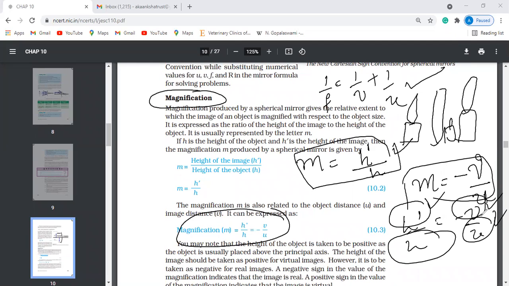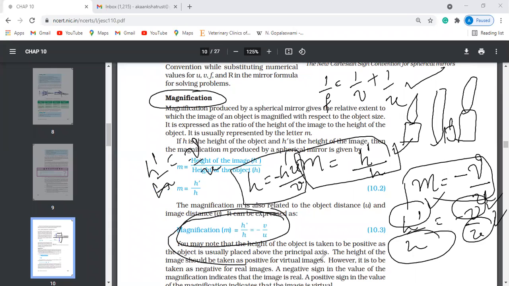Then what you have to do is use this formula. H dash by h is equal to minus v by u. So you need to find h, right? So h is equal to h dash u divided by v. The minus sign is there. In this way you can find the height of the object, so you should know how to arrange this. Okay, fine.